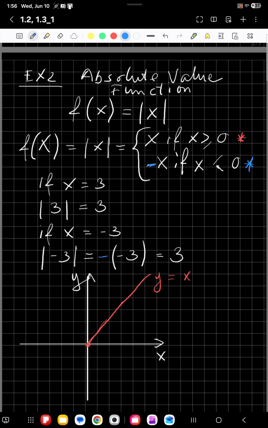Now I have the blue function, and the blue one will be y equals -x, so I have a negative slope. And here again, I don't need that right branch, because I only need x's that are less than 0. So I need to erase this and make this solid.